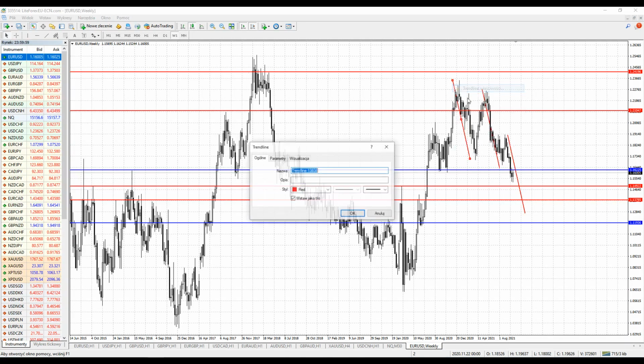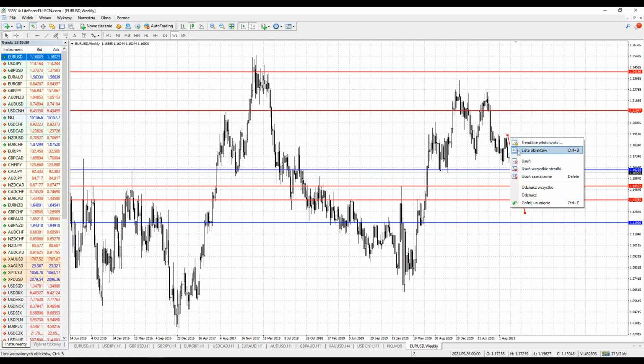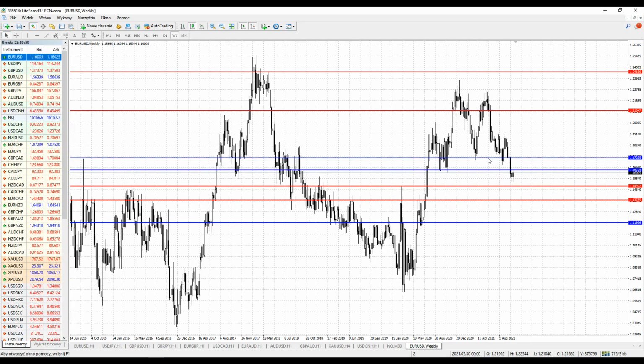So let's clean the chart a bit. Right? Now, we can place another possible supply level a little bit higher based on the swing low and based on the breakdown candle, right? So we have our possible supply zone over here.